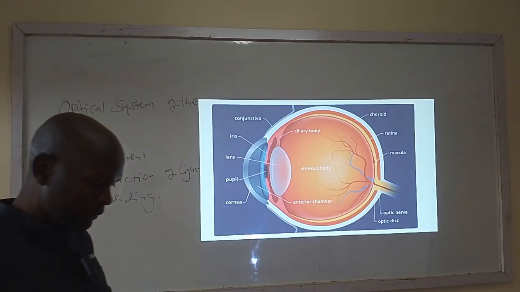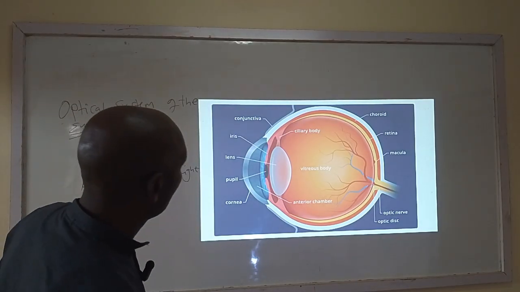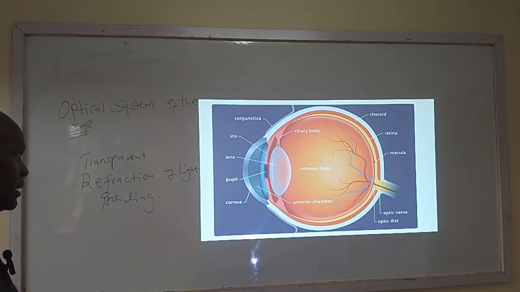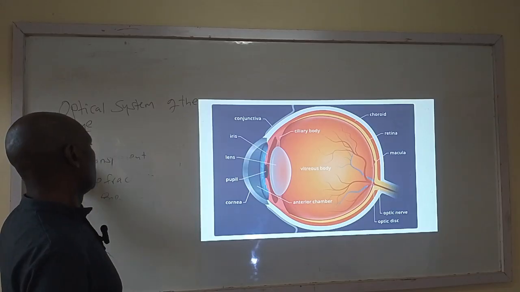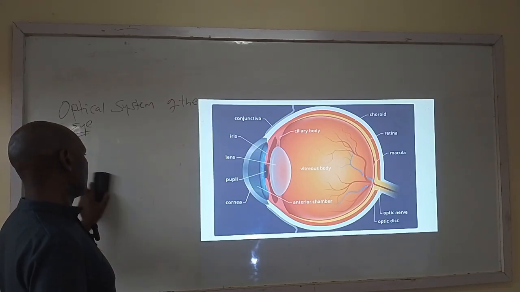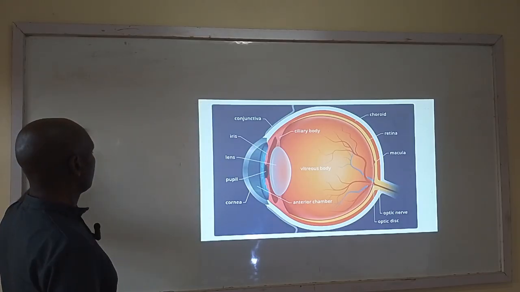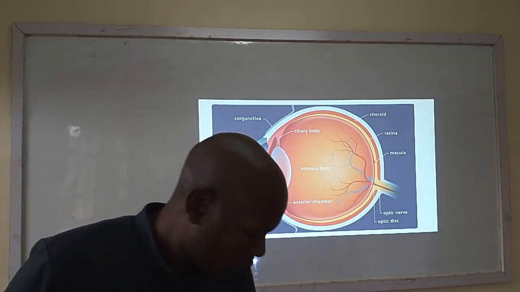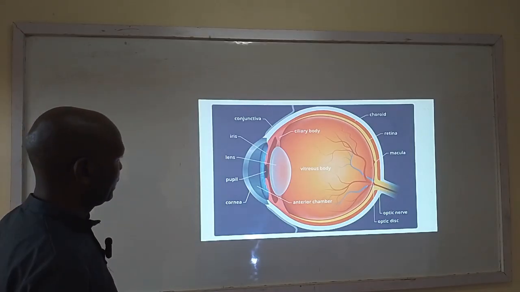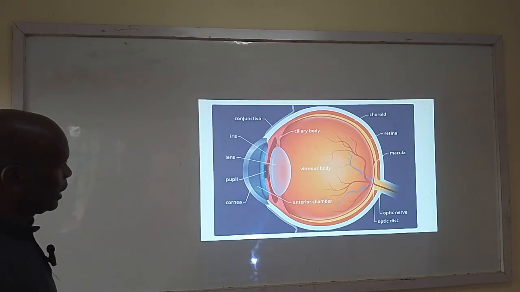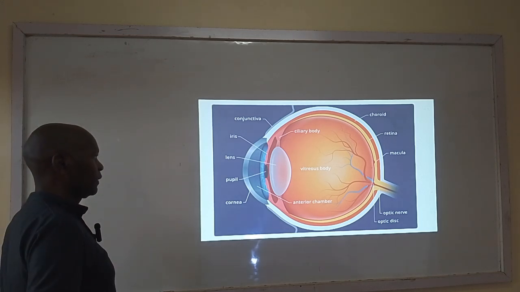Remember, in optics, when light passes from one medium to another, it bends depending on the refractive index of those respective media. So the optical system of the eye is a set of transparent ocular structures that allow light to get into the eye, and they also do refraction.